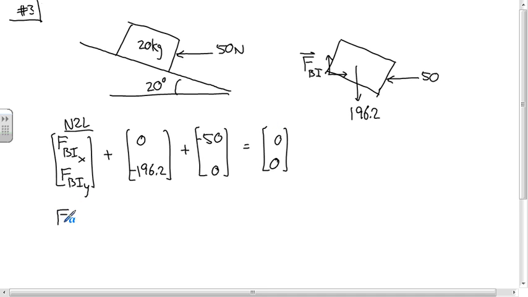Solve for F_BI, that's 50, 196.2. Okay, so there's the force vector applied to the block by the incline.